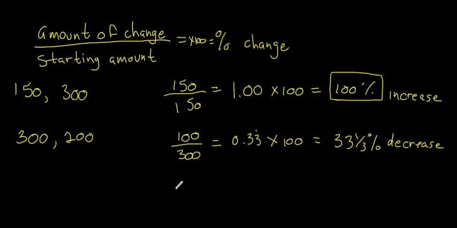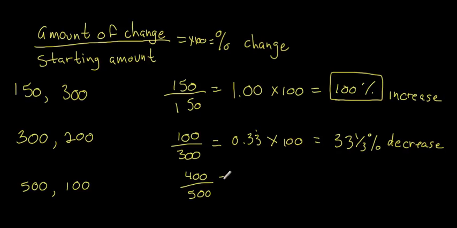Let's try another one. Let's try 500, and the second number will be 100. So the difference between these numbers is 400. The starting number is 500.